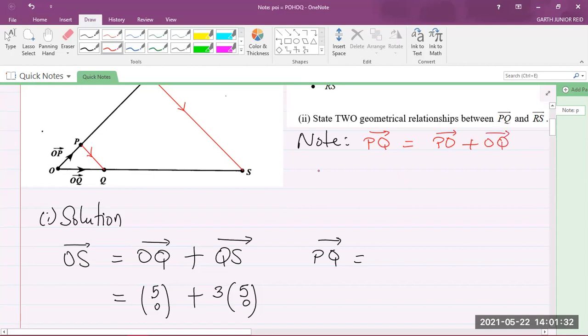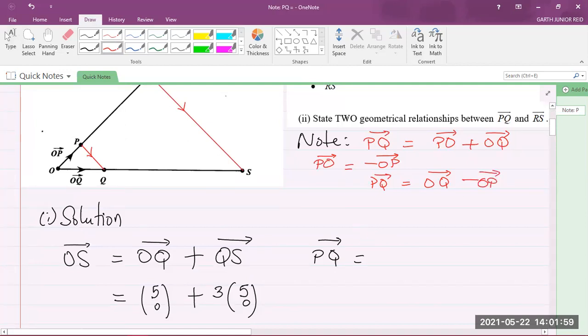Now you should know that the vector PO can also be written as the negative of the vector OP. Those are what we call opposite vectors. So if I know that, then I could also write the vector PQ as the vector OQ, and I'm going to replace the vector PO with negative OP.